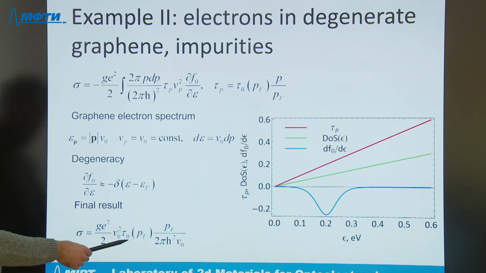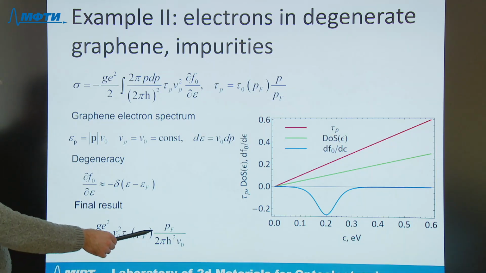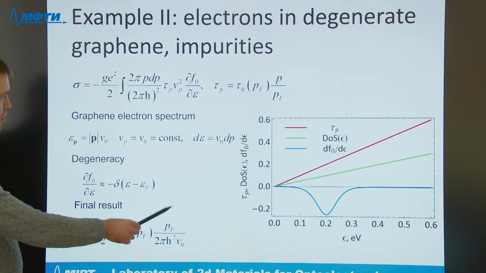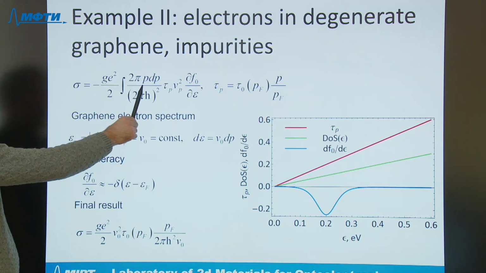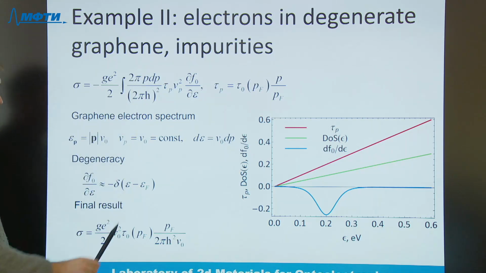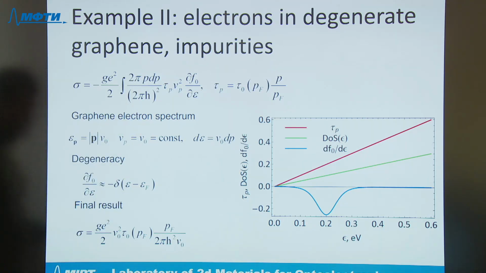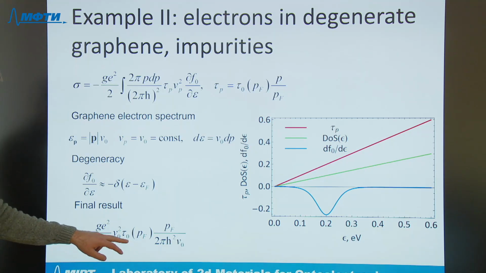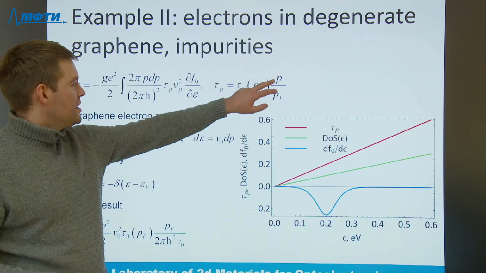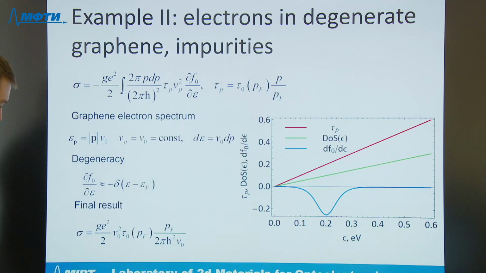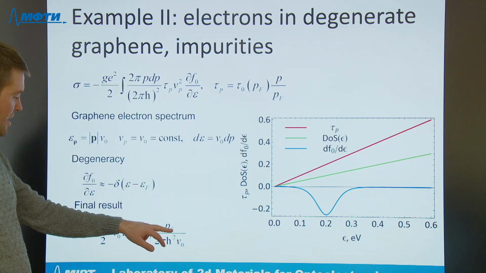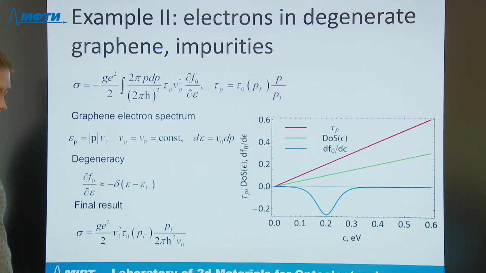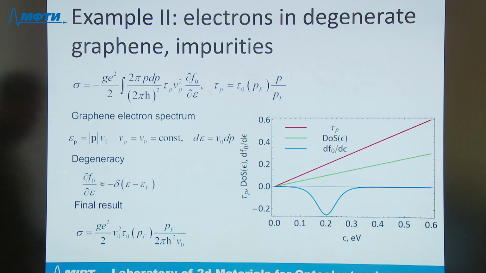We should take the momentum relaxation time at the Fermi level, and we get one Fermi momentum from the density of states, from the prefactor. Now, if we inspect it more carefully, we see that tau is a linear function of momentum, and there is one more linear function of Fermi momentum in the prefactor.